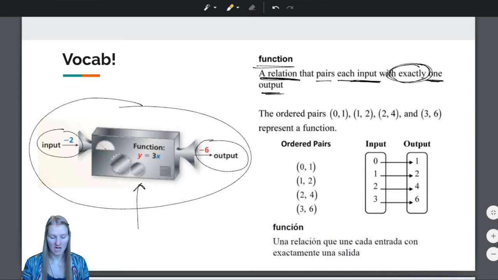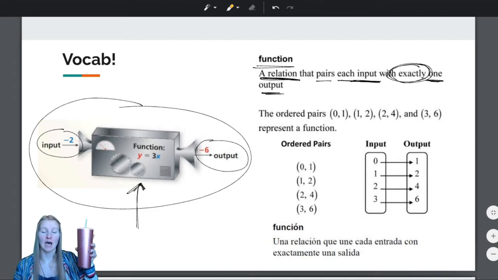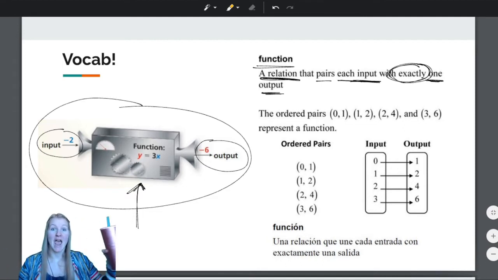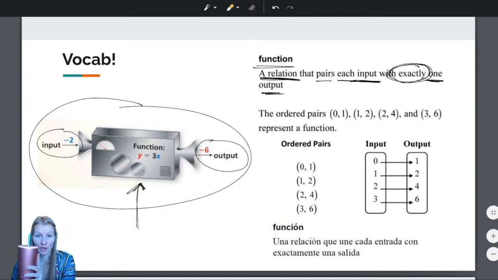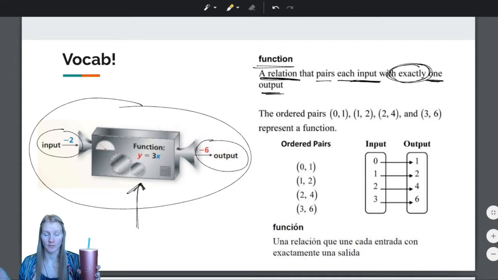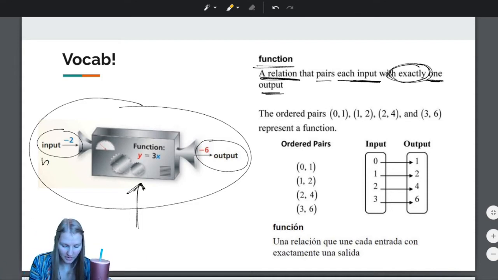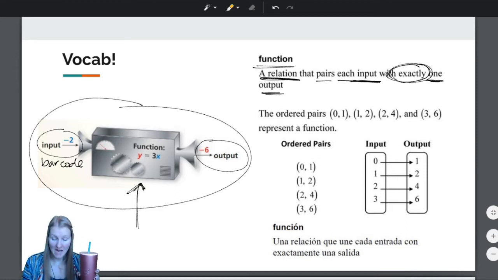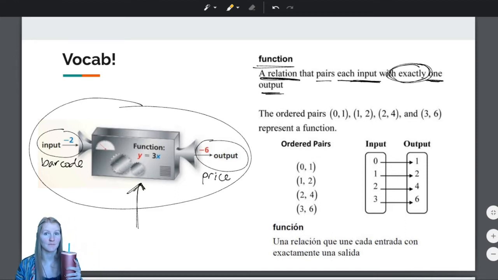The way that I kind of think about functions is when you go to the grocery store, every item has a barcode, right? This cup has a barcode. And when I scan that barcode, a price comes up on the register. So our input is that barcode, and the output is the price.